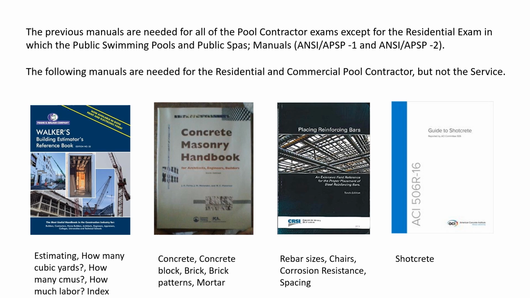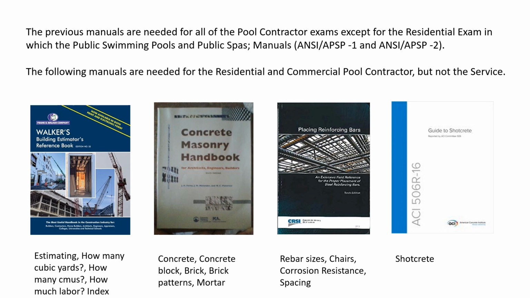So most of the previous manuals are needed for all of the pool contractor exams. There are 2 exceptions though. In the residential exam, you don't need the public swimming pools or the public spas manuals, the ANSI 1 and 2. But for everything else, the commercial contractor needs to know how to build a residential pool, but a residential contractor doesn't know how to build a commercial pool because it won't be licensed to do that.